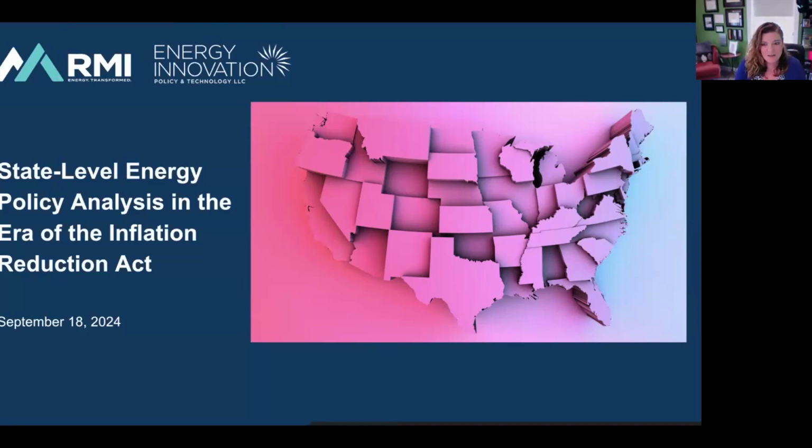We've seen state officials using these models to test ideas and create plans like the climate pollution reduction grant programs, priority action plans that have already been turned in, and I'm sure many state officials are using them in their comprehensive plans as well that we'll be seeing over the next year or so.